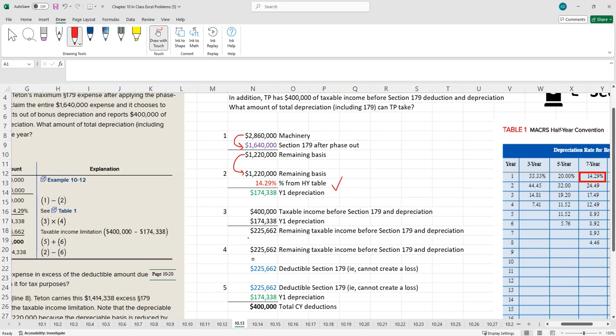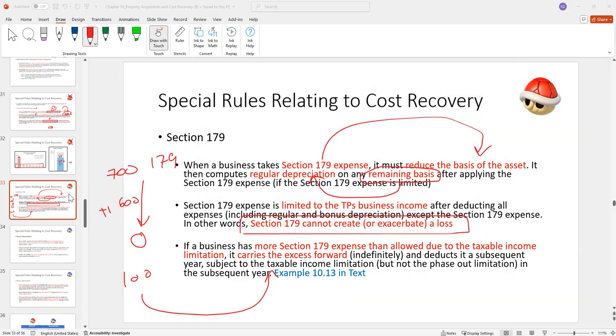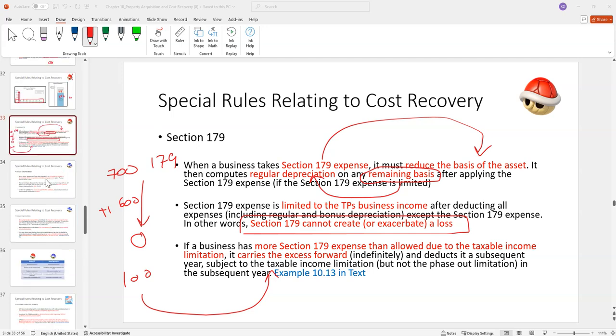When we look at our remaining taxable income before 179 and depreciation, the best we're going to be able to do is use the 179 up to that amount, in other words, to take us to zero. We can't create an NOL in that situation. So we calculated that much of 179, but that's how much we'll actually be able to take before it puts us to zero, because we cannot create an NOL.